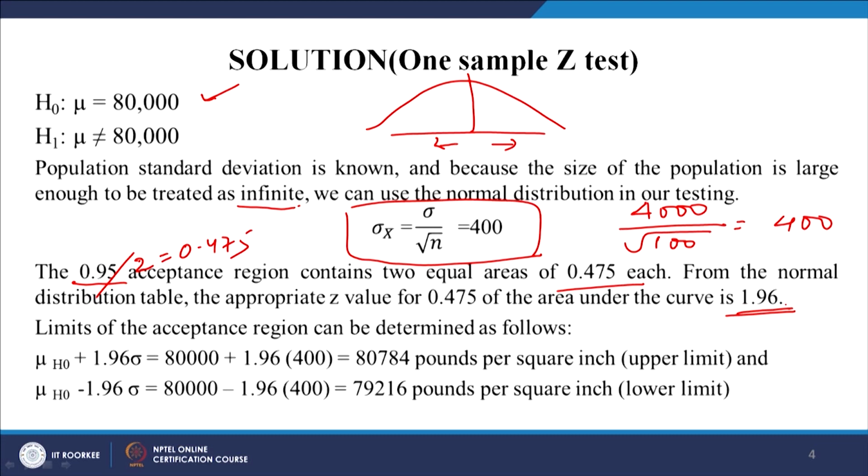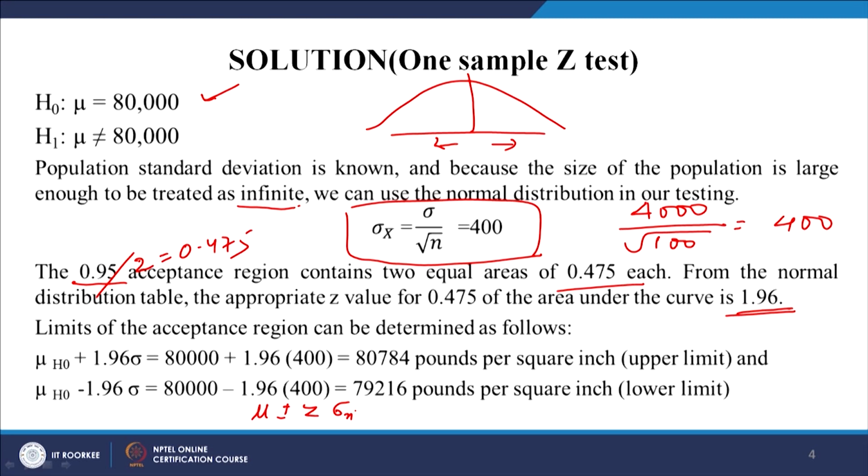So, now 1.96, let us first calculate the confidence interval, right. So, how much is the confidence interval? Mu is the mean, plus z, the 1.96, into the standard error. This formula you can write like this: mu plus or minus z sigma x.